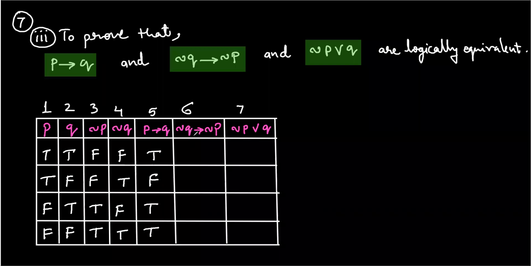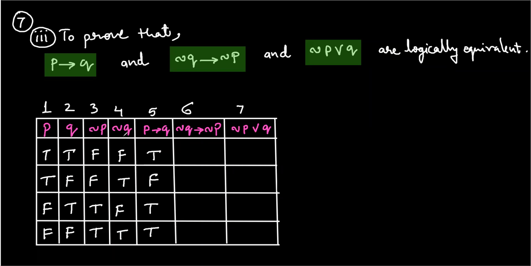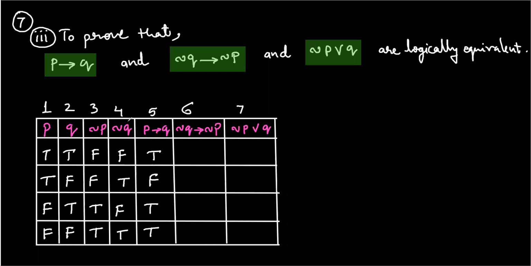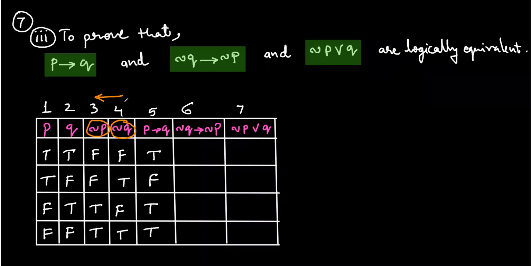Then the 6th column, I have negation Q implies negation P. So here you have negation Q and this is negation P. You are going in the backward direction, so please be careful.